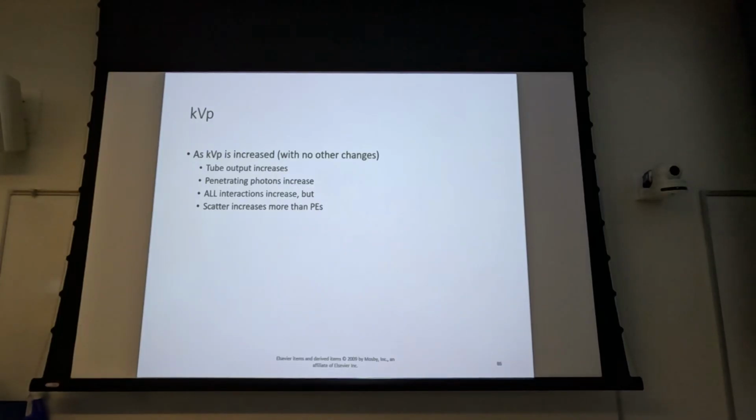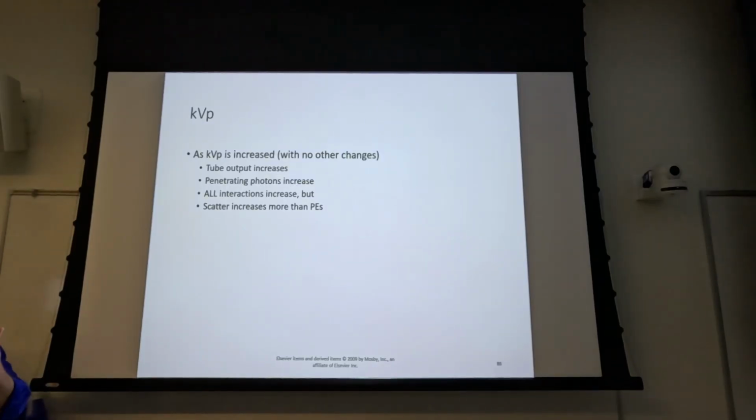Does that add in, like, whenever it creates scatter, but then once it scatters through the body, it gets absorbed, like photoelectric absorption? Yeah, is the short answer. More of those are even going to penetrate through the patient. So you get multiple scatter events, and the likelihood of that photon penetrating through the patient increases as well.